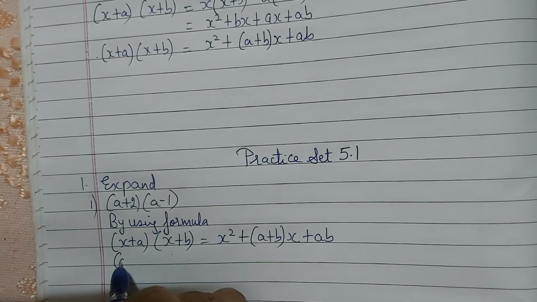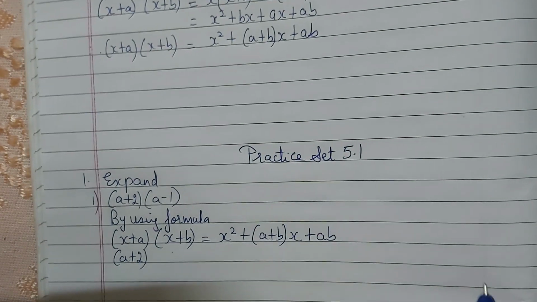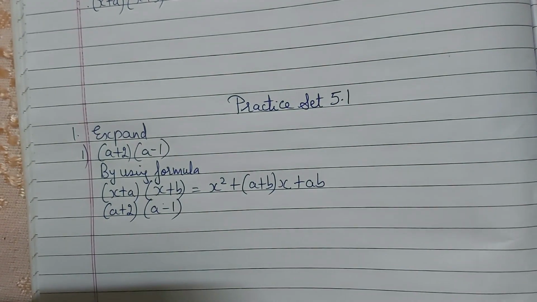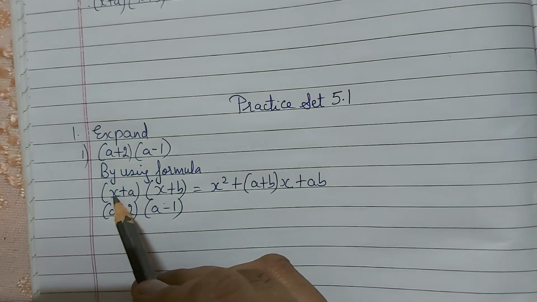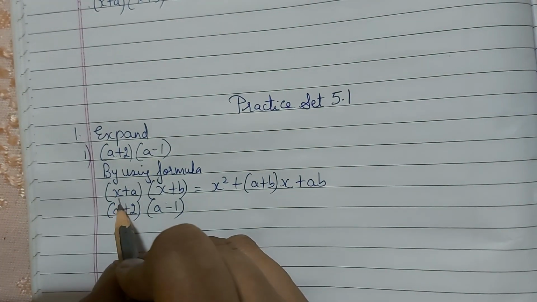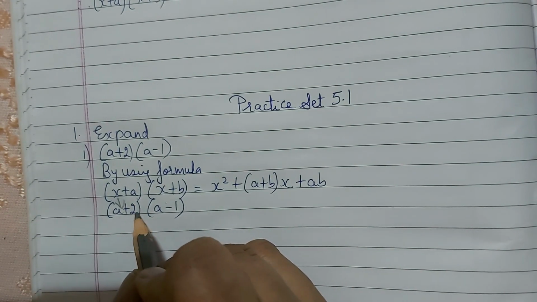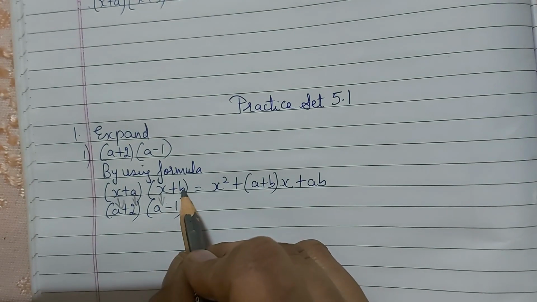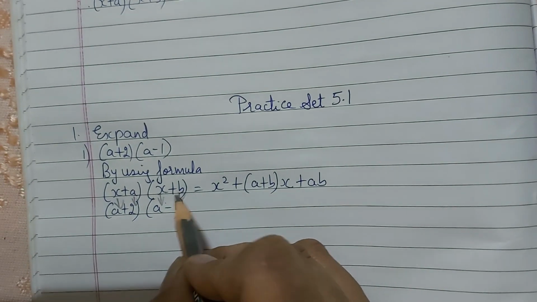So we will write (a + 2)(a - 1). Now the value of x is what? A. The value of a is 2. The value of x is a. The value of b is minus 1.